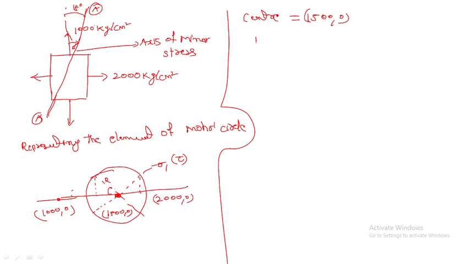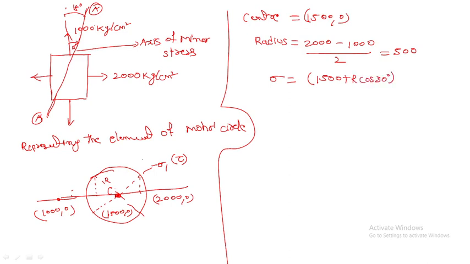Now the radius, how to calculate the radius? By seeing the sketch, we can say 2000 minus 1000 divided by 2 equals 500. So the normal stress equals 1500 plus r cos 30 degrees, or cos theta.